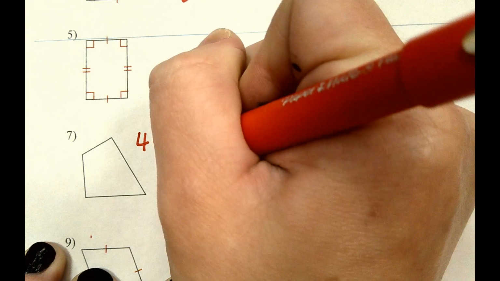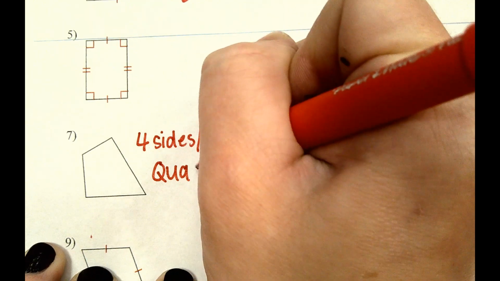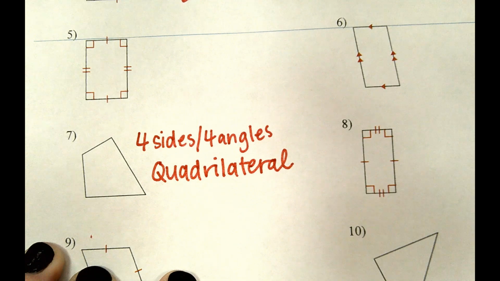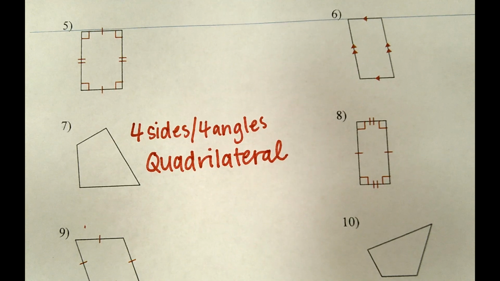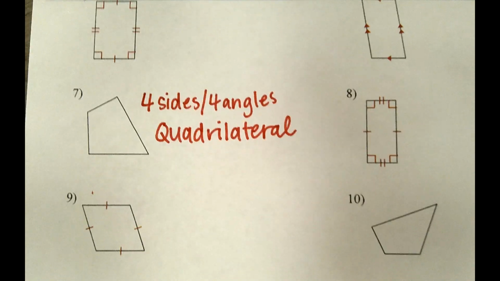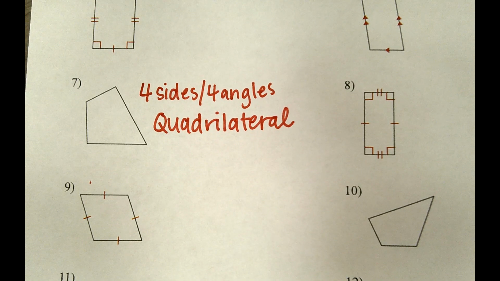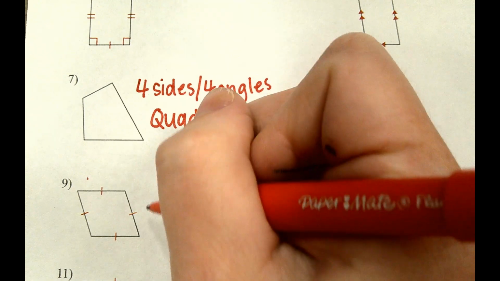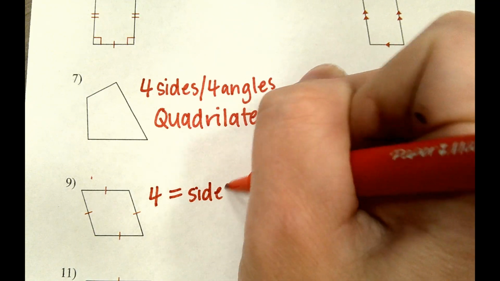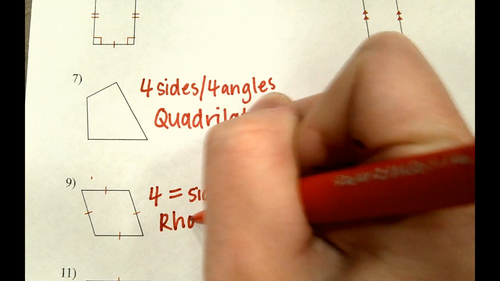That's the most specific we can get. Okay. What about number 9? Rhombus. How do you know? 4 equal sides. Good. So that would be a rhombus.